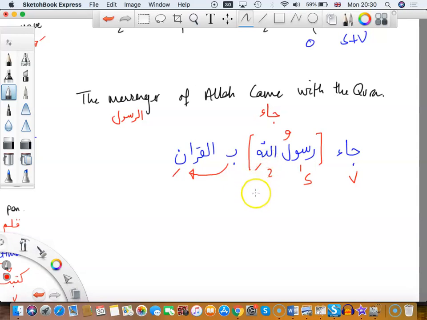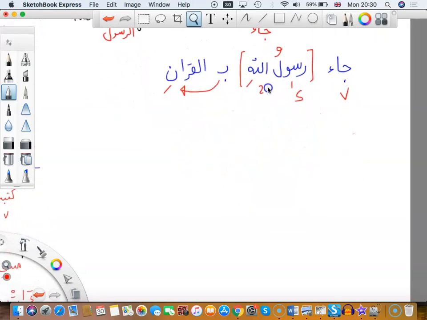So, for example, there's lots of du'as that you guys read, right? Where these prepositions appear. For example, when you leave the house, what dua do you say? Can you identify all the rules for this now?